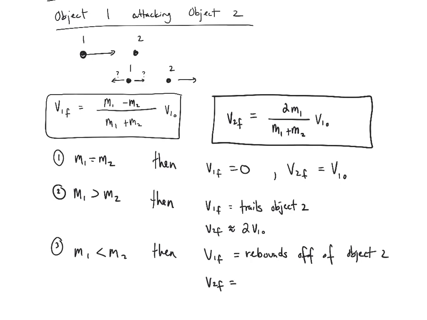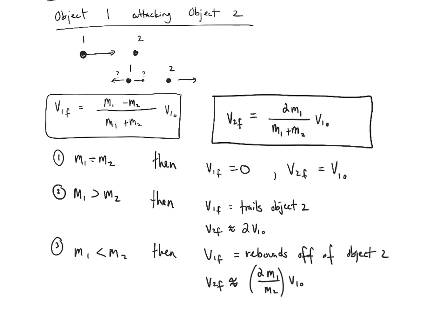This is probably not one you're going to have to even write down or memorize, but just so you know what it comes out to be. And this is an approximation again here. Okay, approximation.